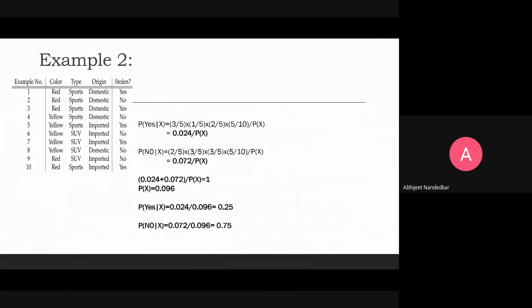Now with this 0.096, I substitute the value here and here. Then I get 0.25 and 0.75. So probability of no is 0.75 and probability of yes is 0.25. So answer is no.